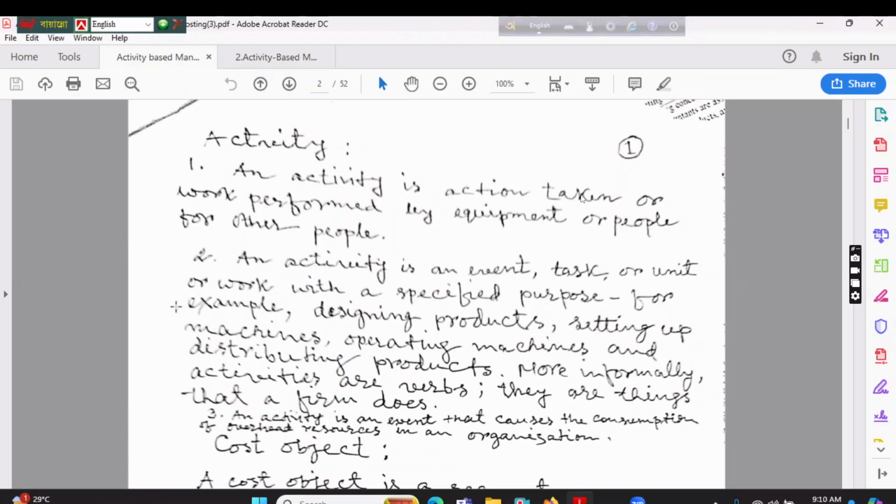Another definition: an activity is action taken or work performed by equipment or people for other people. This is from Hansen and Mowen.